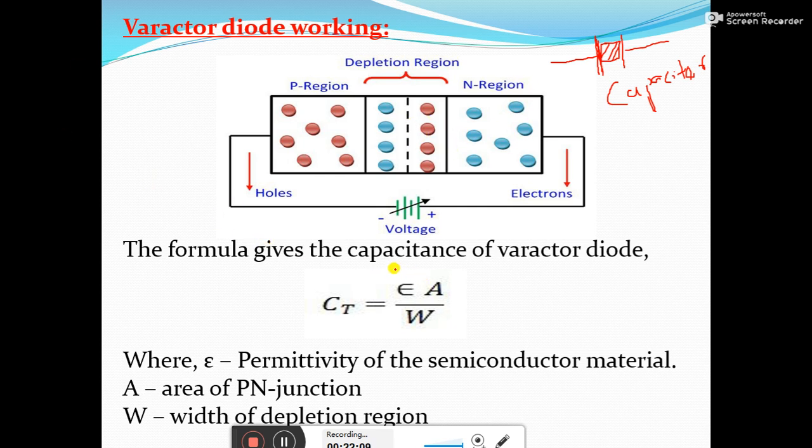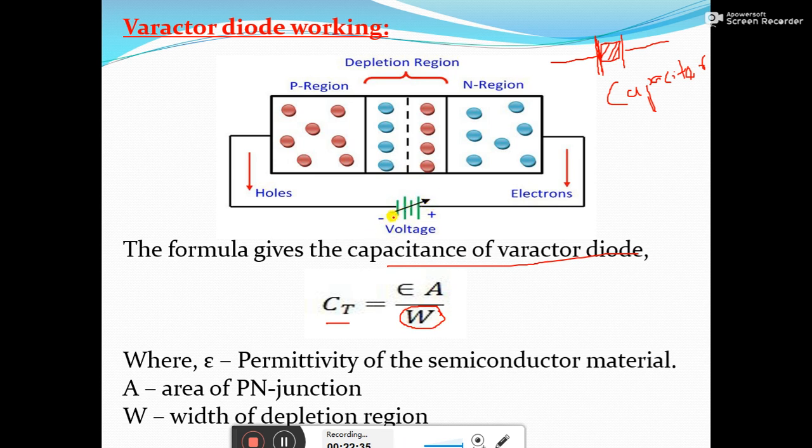So if you calculate the capacitance value of the varactor diode, the transition capacitance is given by epsilon A divided by W. Here you should consider this W. W indicates the width of the depletion layer. Epsilon is the permittivity, and A is the area of the PN junction. So this W is going to vary according to the reverse bias applied here.